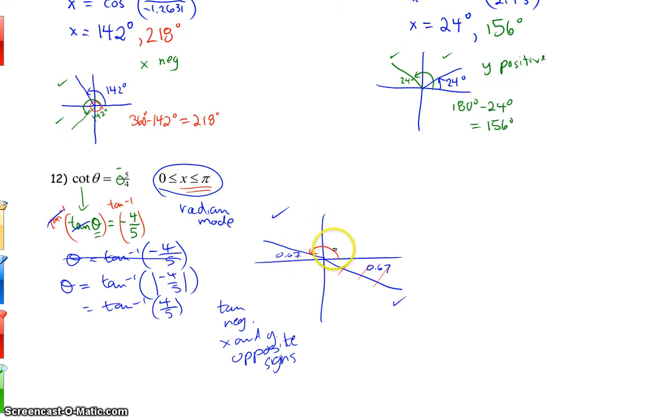So to get this angle, we would go all the way to pi, and then we would subtract our reference angle of 0.67. And that would give us an angle of theta would now equal 2.47. Okay, we don't write degrees, and when you don't write degrees, it's assumed to be in radians. So there we go. That would be our answer for this question.